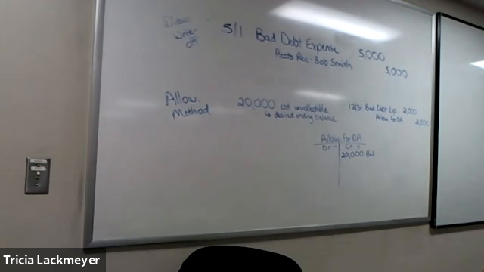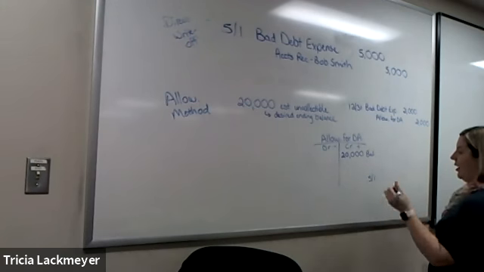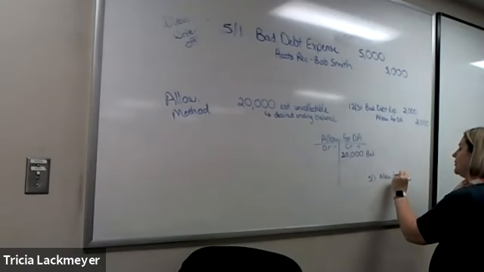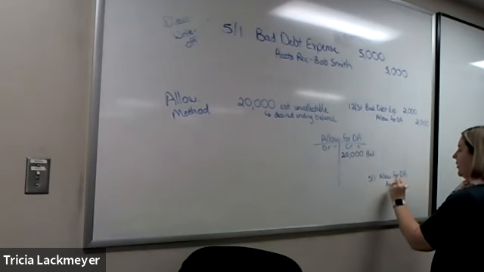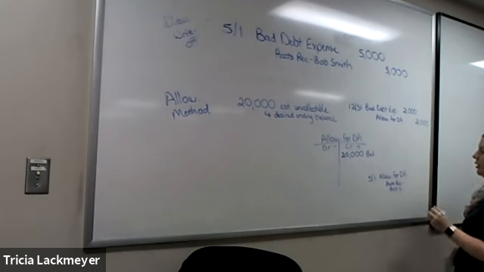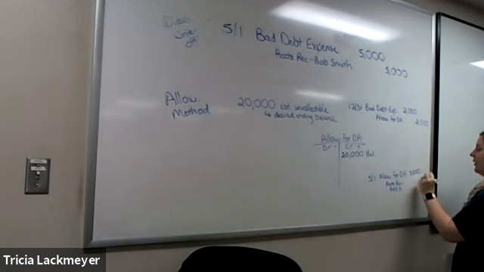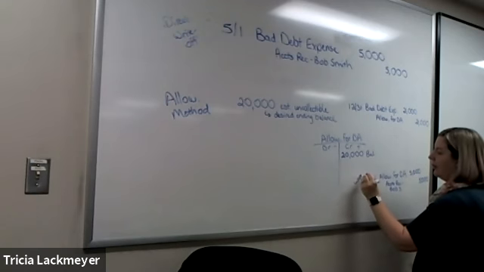Say it's May 1st. We want to write him off, so we're going to debit allowance for doubtful accounts and then credit his accounts receivable. We'll just do the 5,000. So that's a write-off under an allowance method.